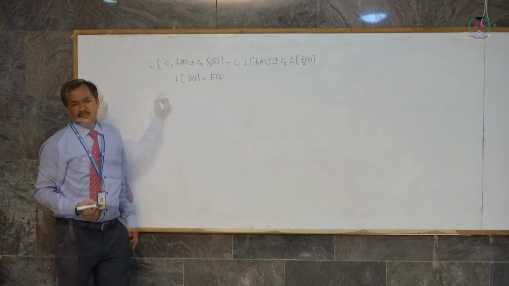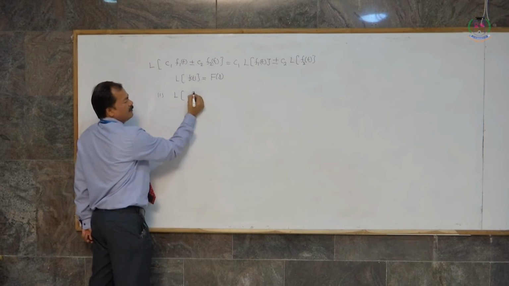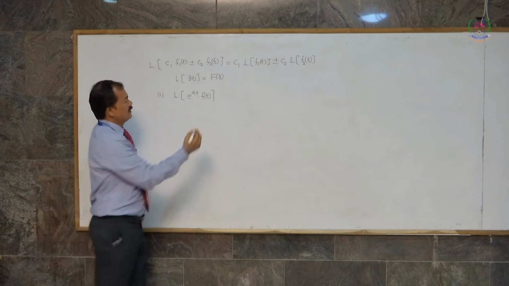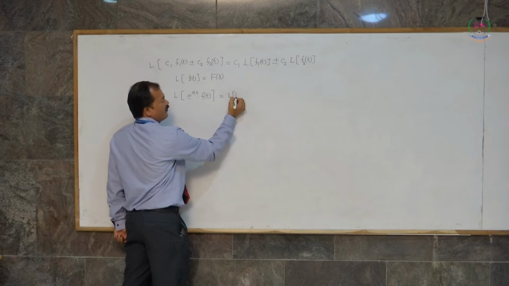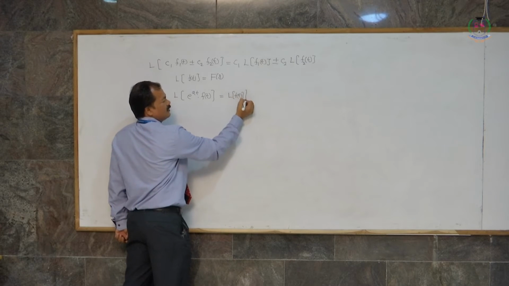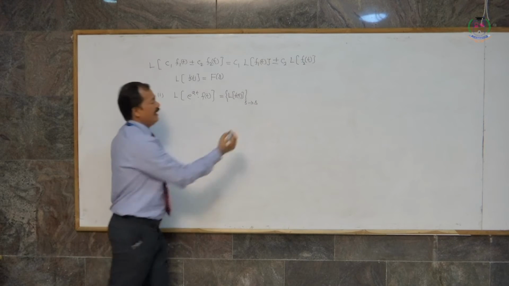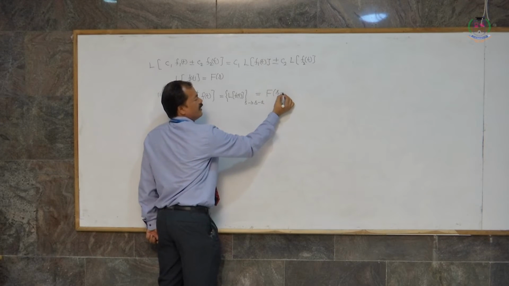Property number 1, shifting property: Laplace transform of e power a t into f of t. So, f of t is multiplied by the exponential function, then the resultant is L of f of t replacing the parameter s by s minus a, or it can also be written as capital F of s minus a.